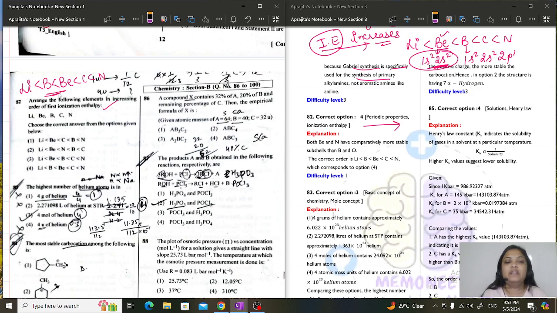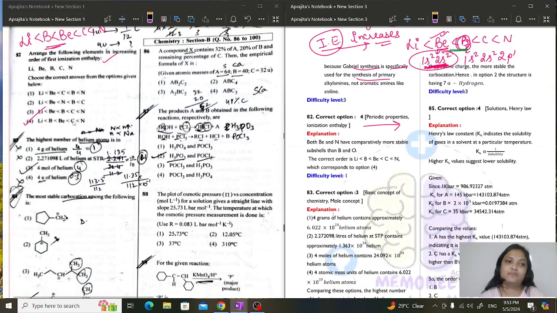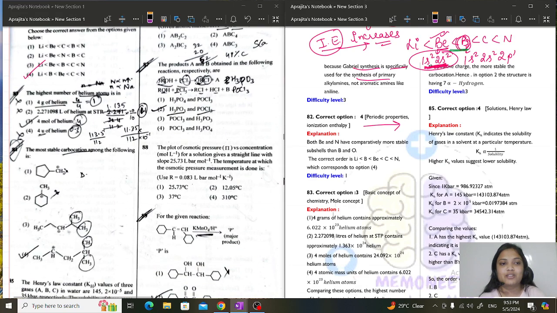Boron has lower ionization enthalpy than beryllium because beryllium has this stable configuration. So the answer would be option number 4. This was the point of confusion; we would otherwise have chosen option number 3, but the anomalous behavior is there in the case of boron and beryllium. So this was the point of mistake in this question.